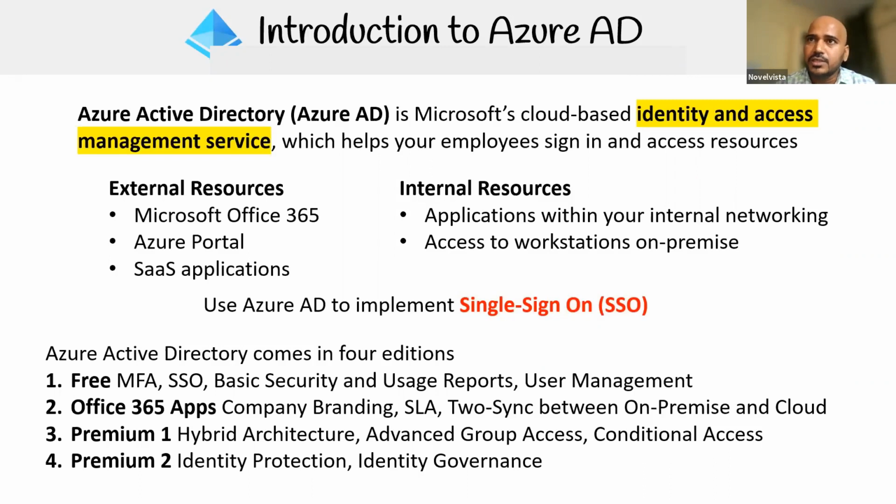Typically, organizations use a combination of licenses. They typically use Premium P1 and P2. So all their administrators and super users, super administrators who have the majority of access to the environment, they basically assign Premium P2 licenses to those people to manage, because they have access to most of the applications and resources.